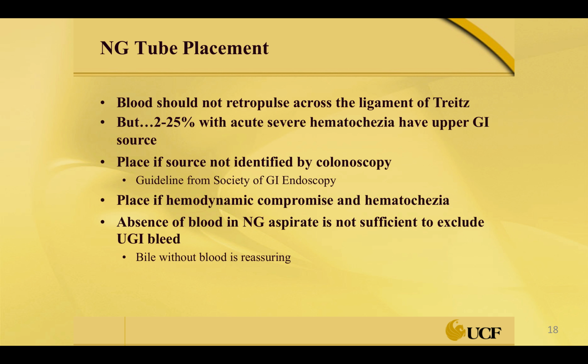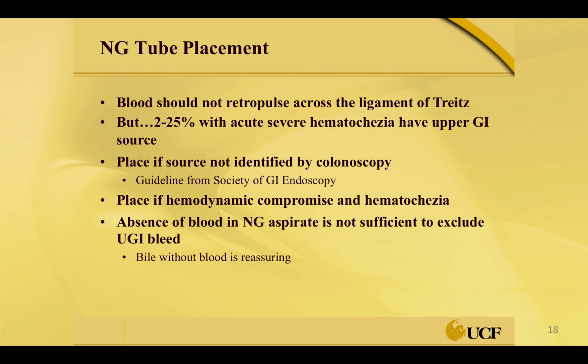As far as invasive evaluation, with NG tube placement, the blood should not reach or pass across the ligament of Treitz. But remembering that 2 to 25% of patients with acute severe hematochezia also have an upper GI source, we can never discard upper gastrointestinal bleed if we have a negative NG blood presence.